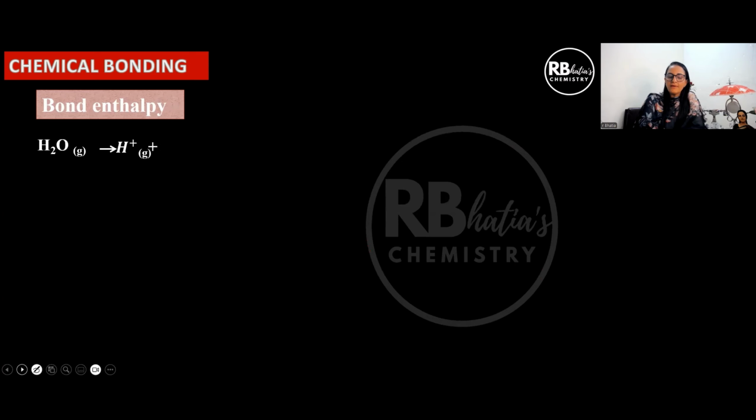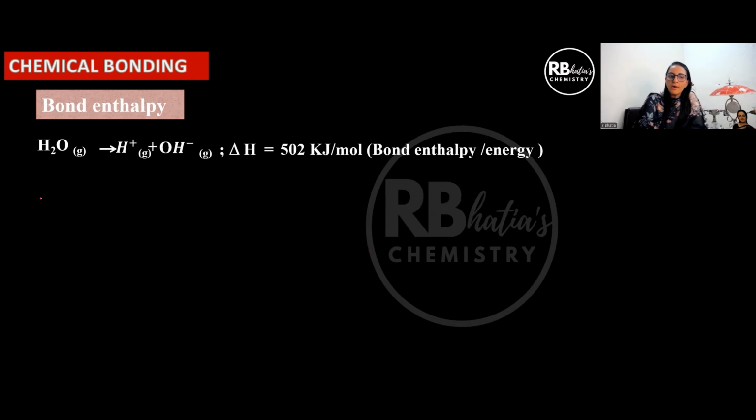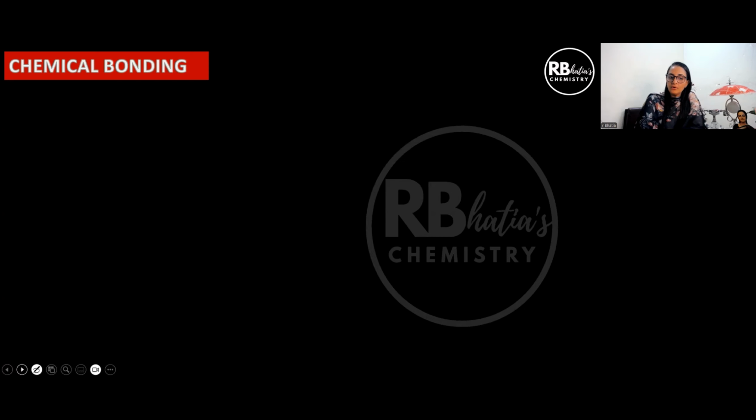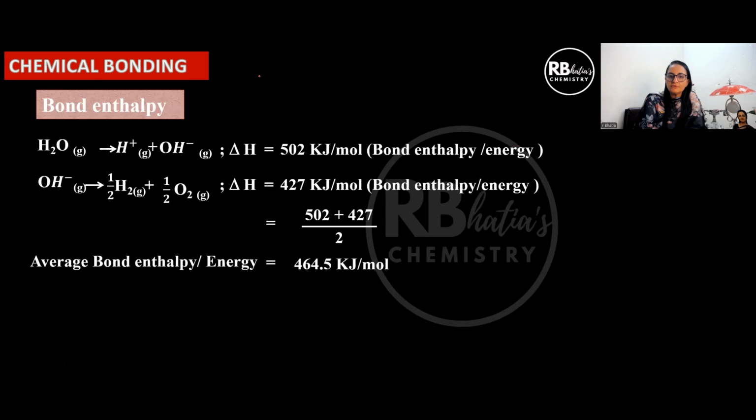Clear? For example, in water, the energy required to break this bond is going to be 502. But if we have to break the next bond, the energy required is going to be a little less. Why? Because after breaking 1 bond, the bond is going to become weaker. So the next one is going to require a slightly different energy. Fine. So just to be clear about this, there's a difference between average bond energy and bond energy.